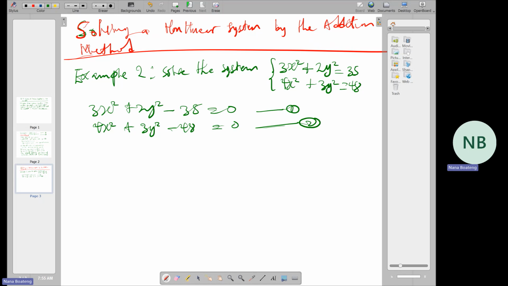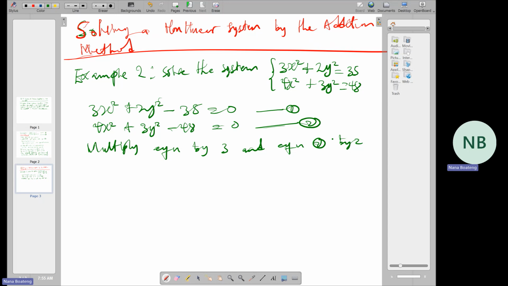What I mean is, if we multiply equation 1 by 3, then we multiply equation 2 by 2, then the coefficients of the y squared will be the same.